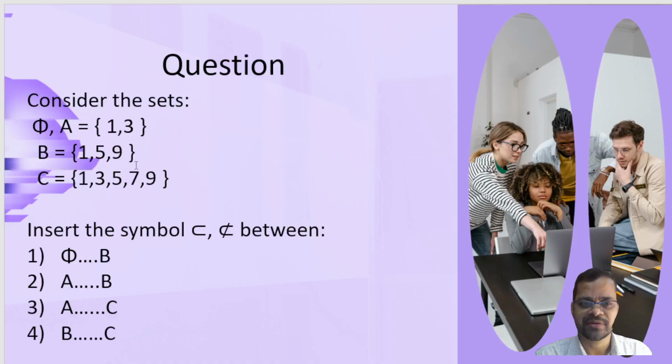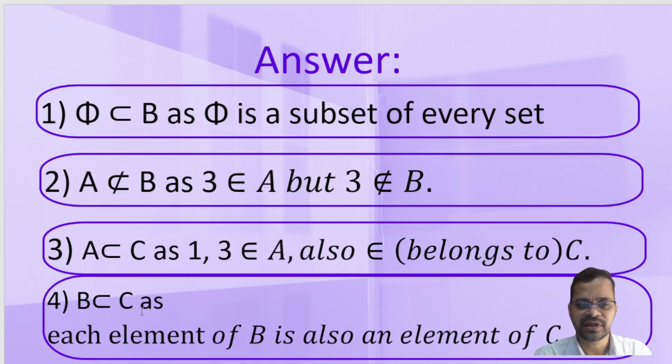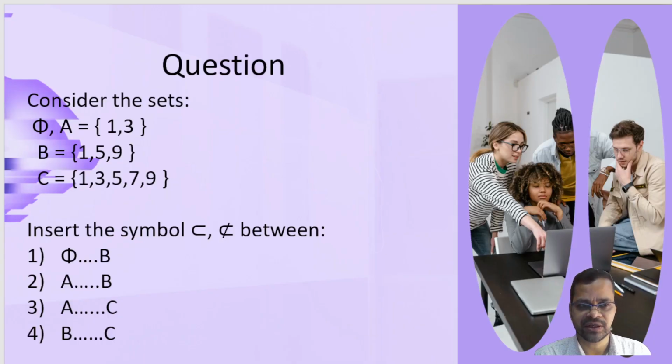Yes, as we have just discussed, if all the elements of B are also elements of C, then B becomes a subset of C. So B is a subset of C, and each element of B is also an element of C. Hope that you understand the concept of subset well.